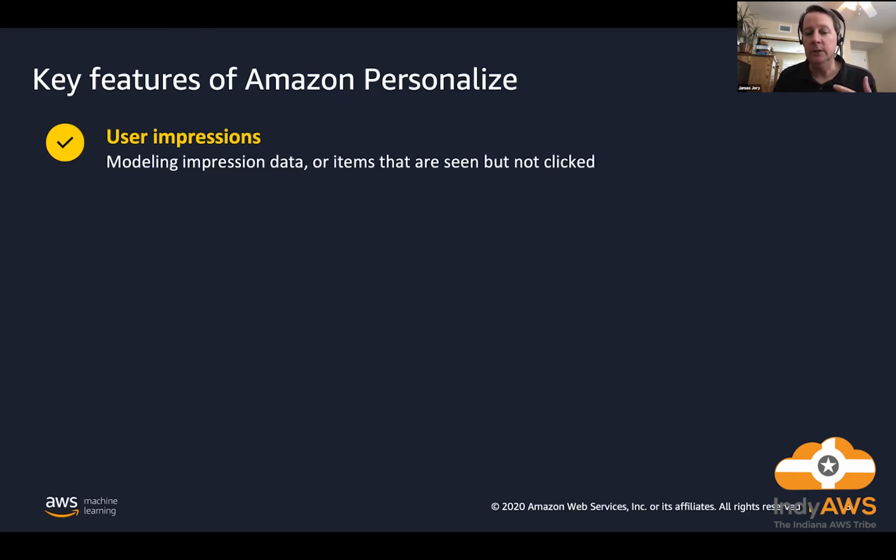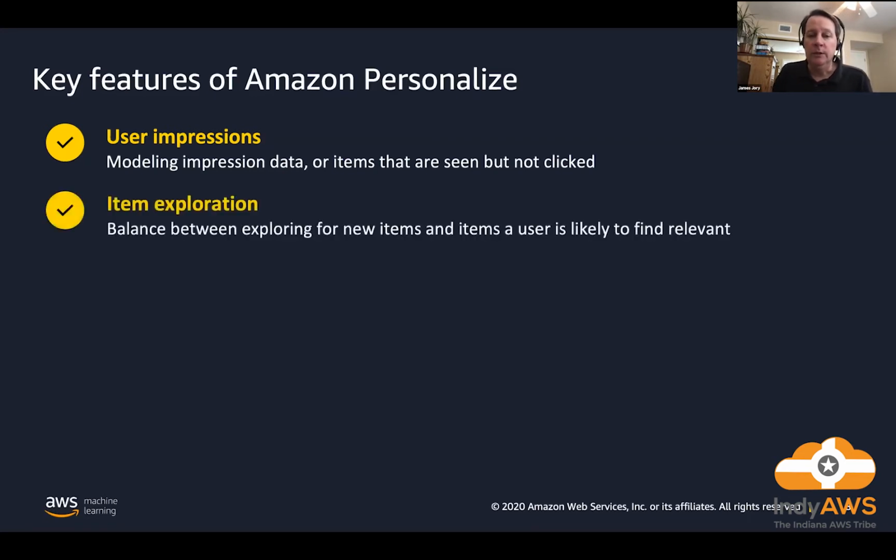But impressions are more neutral behavior, where you presented the user with, say, 10 items to choose from, and they chose to engage maybe with the second item. Personalize can still learn from those other nine items that the user did not engage with, to learn about the interests around those other items. And so we call that modeling on impression data.